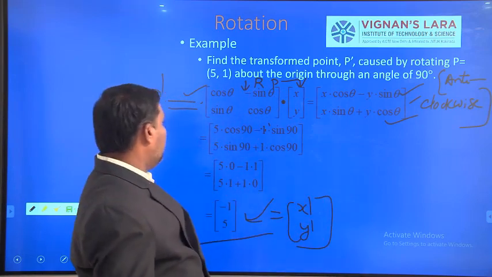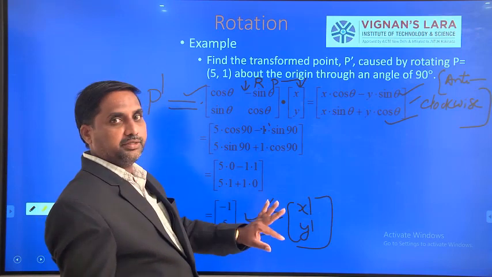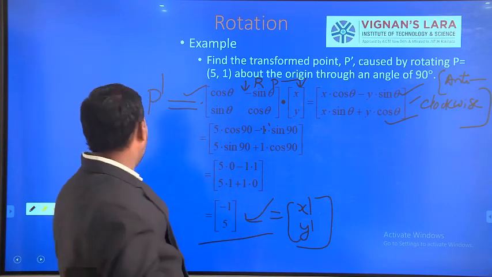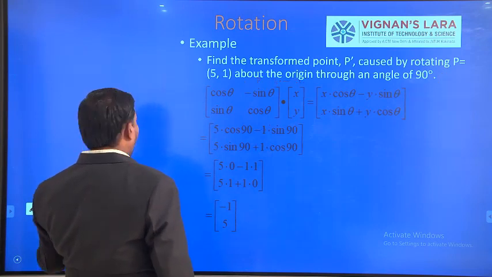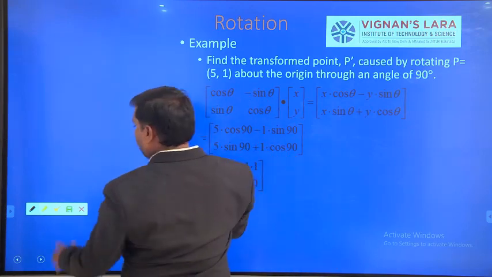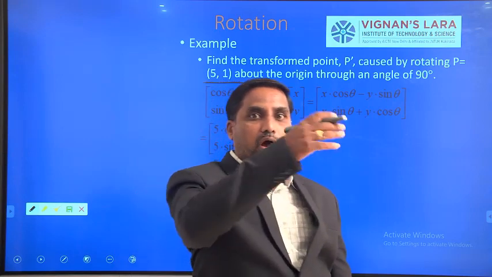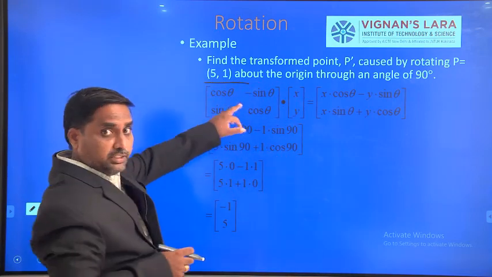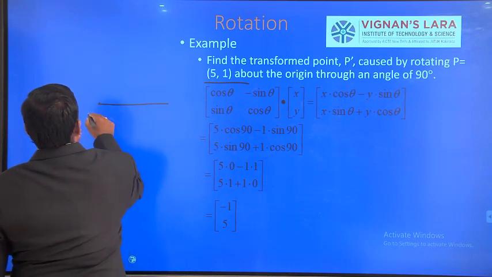I have also given one numerical example, for a point only, about the origin. Now here I have considered only one point. Suppose you want to rotate a straight line about the origin. Let the straight line be AB.